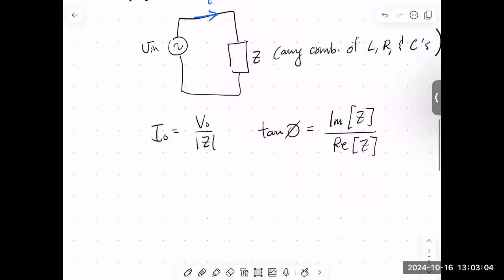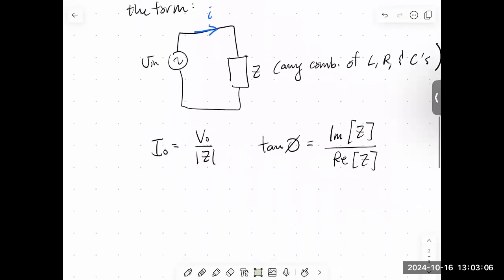And what I want to do right now is show you that we can get the solution that we got last time using just a couple lines of algebra. We're not going to write down differential equations. We're not going to write down e to the j omega t, any of that stuff. We're only going to work with the impedance.